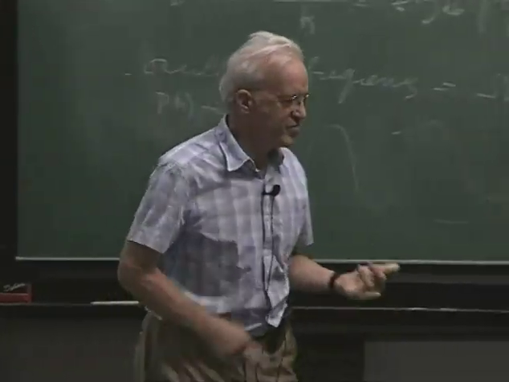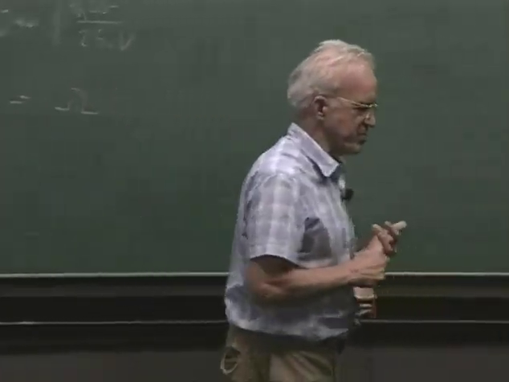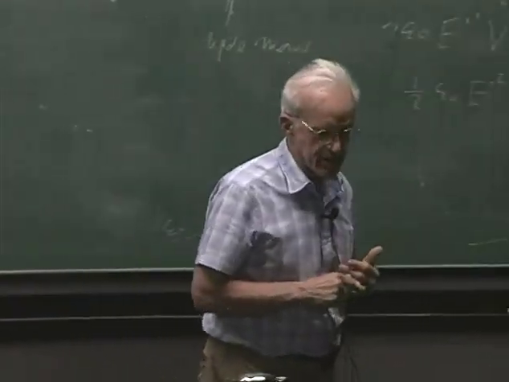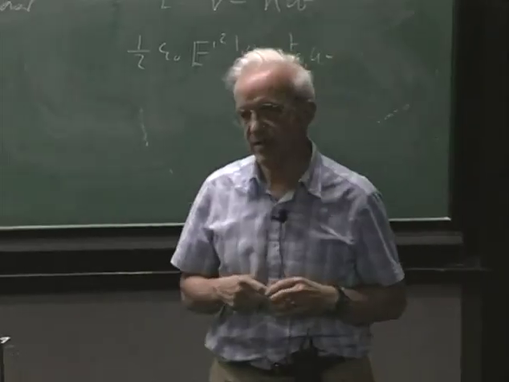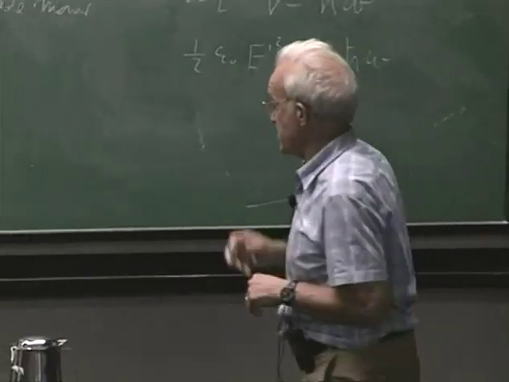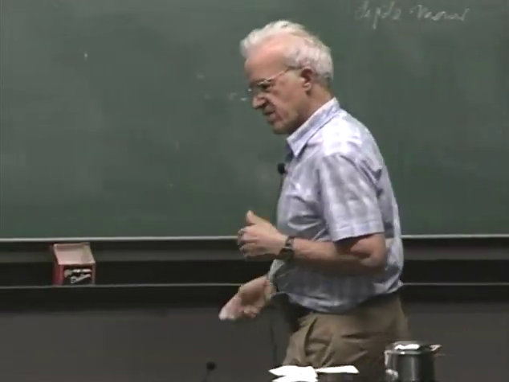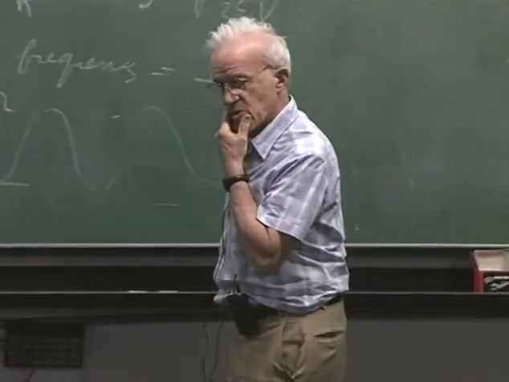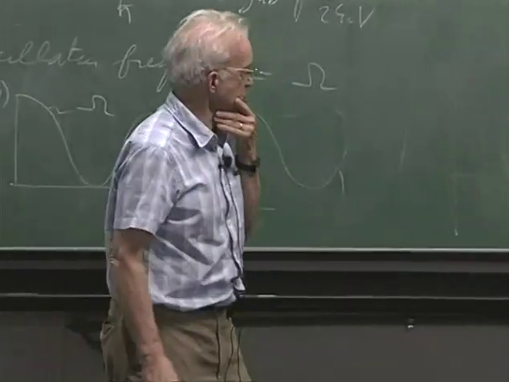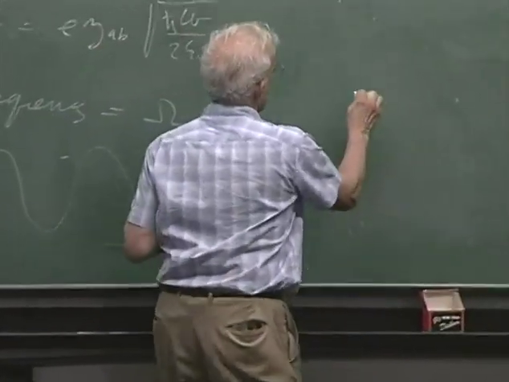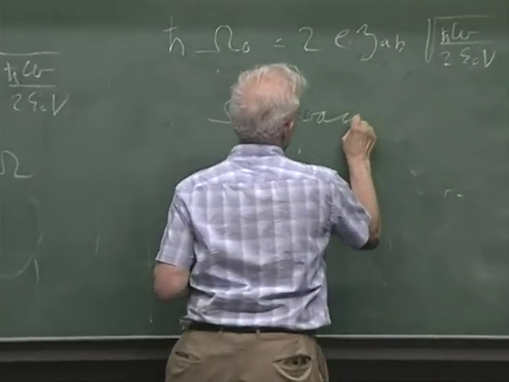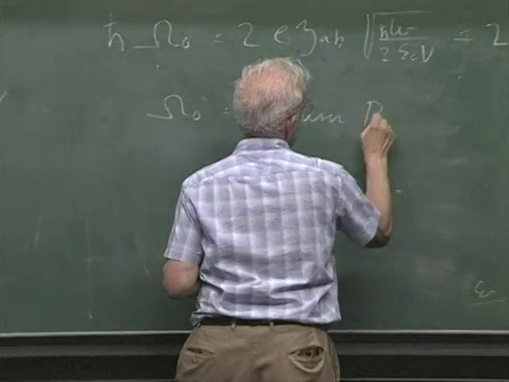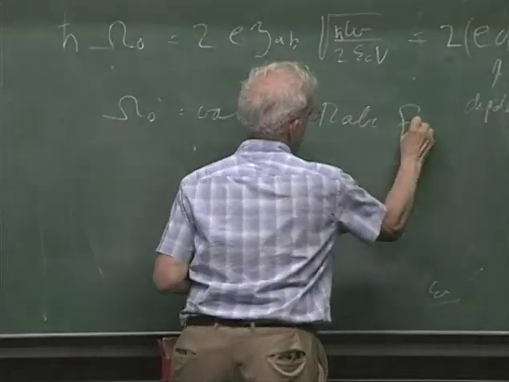But this has been done in the famous series of experiments by Herbert Walther, and particularly Serge Haroche at École Normale, who's made an art of using these atom cavity interactions. It's sort of the basic experiment of the subject called cavity quantum electrodynamics. You have this frequency over here, omega naught, which is called the vacuum Rabi frequency.